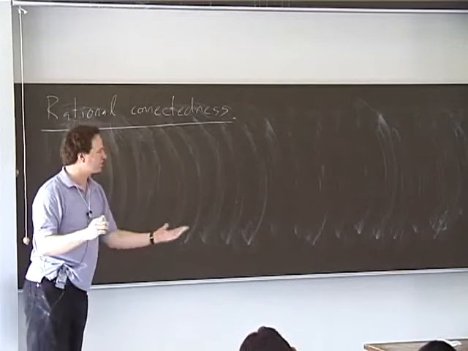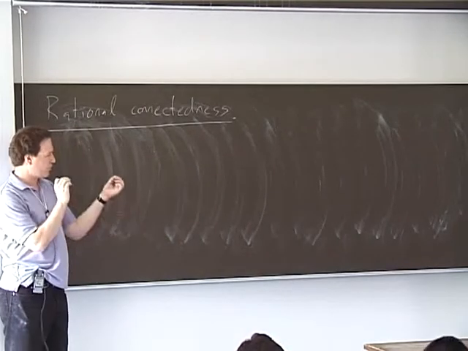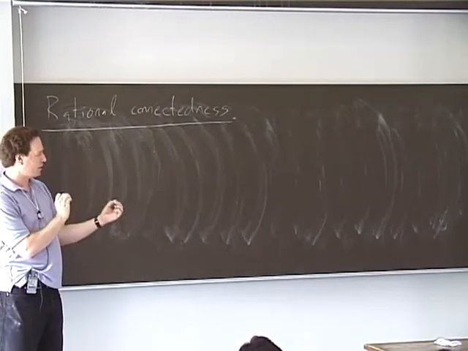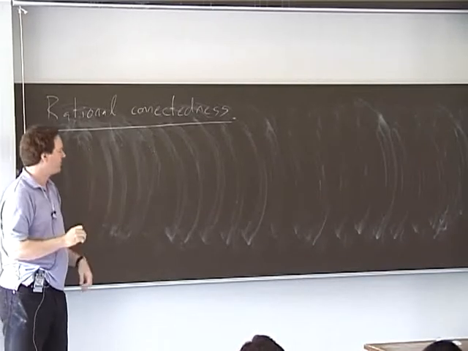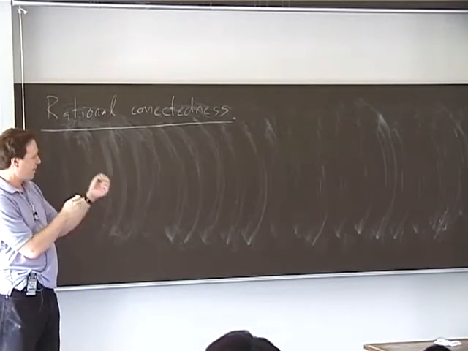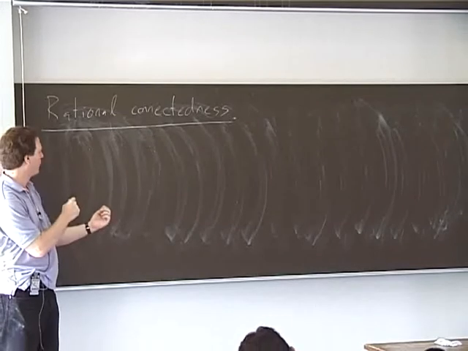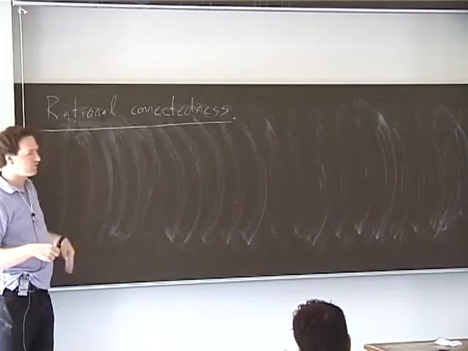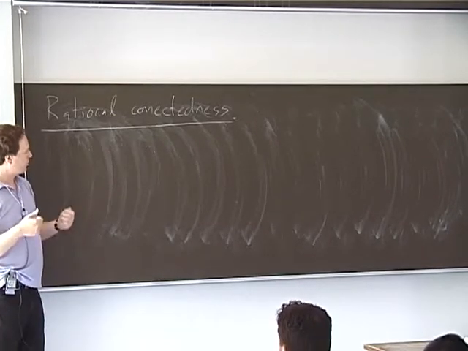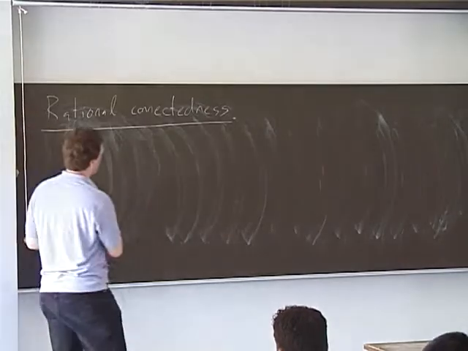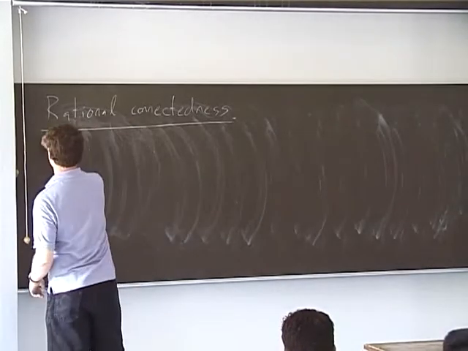A topological space is path connected if whenever you have two points, you can find a continuous map of the interval into that topological space, mapping the endpoints of the interval to those two points. And the idea of rational connectedness is you do exactly the same thing, but you replace the interval by P^1. Let me just tell you the definition.